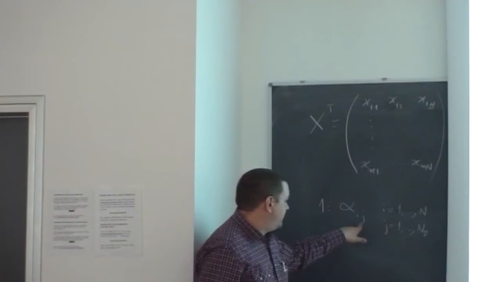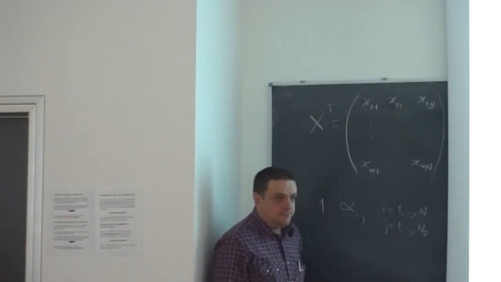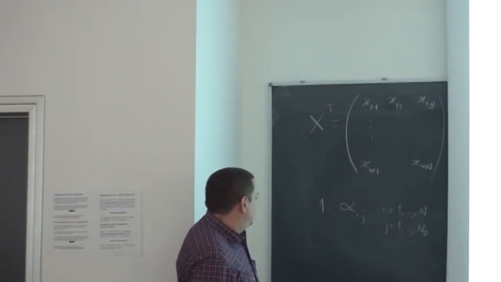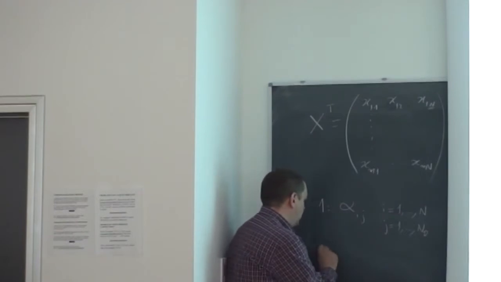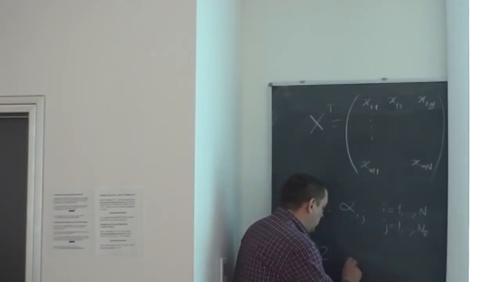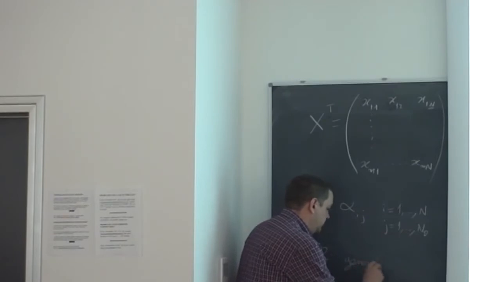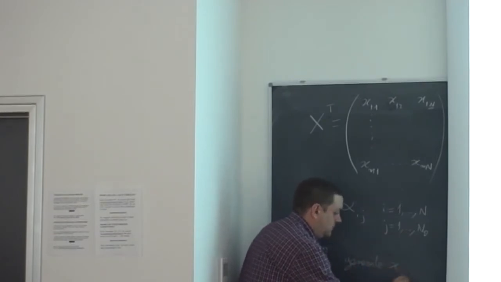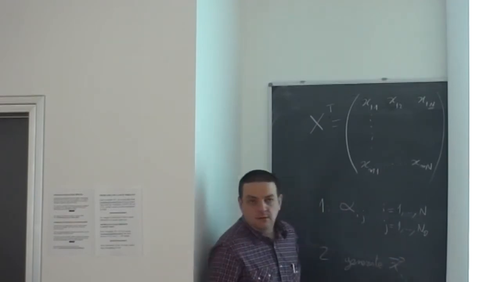So j varies from 1 to n0. Next, using these aij's, I will generate the points.